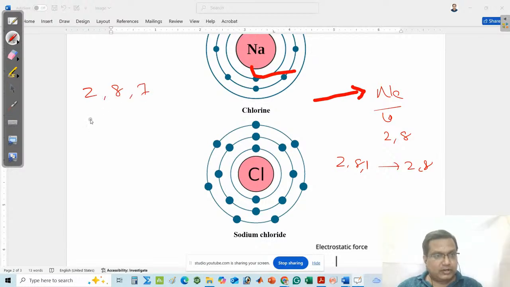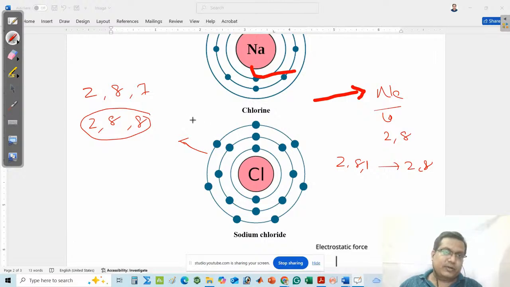It always wants to convert to 2, 8, 8. It is only possible when chlorine accepts an electron from another atom and places the extra electron in the valency shell, then it can have the 2, 8, 8 electronic configuration. That means it is stable.